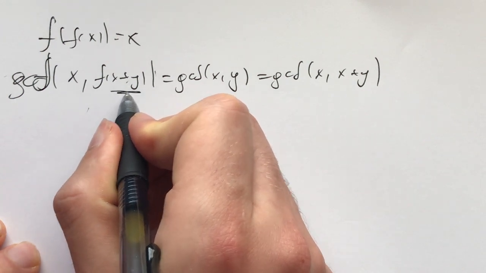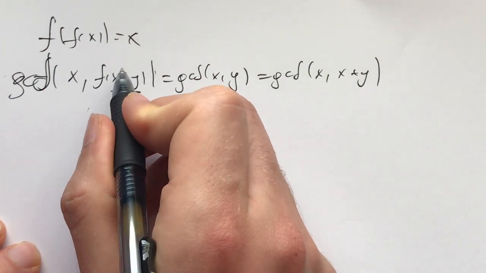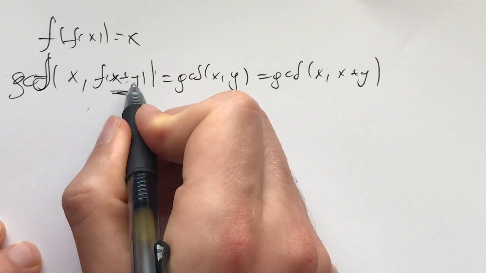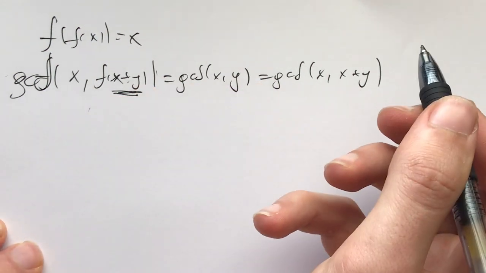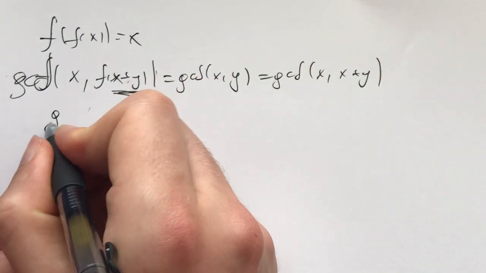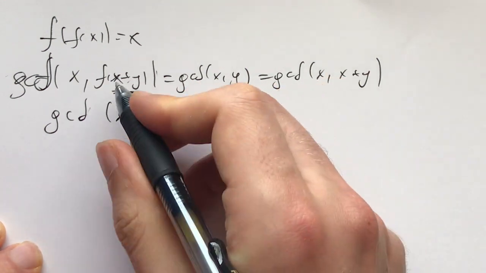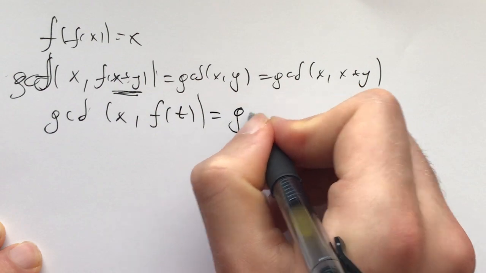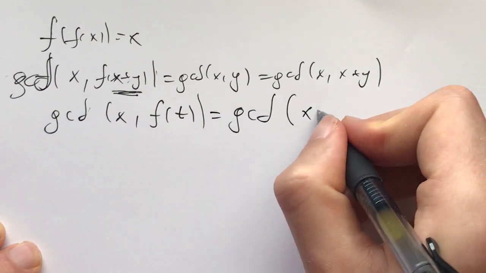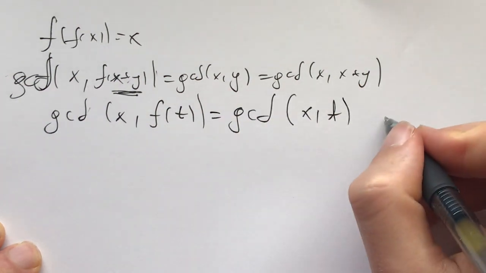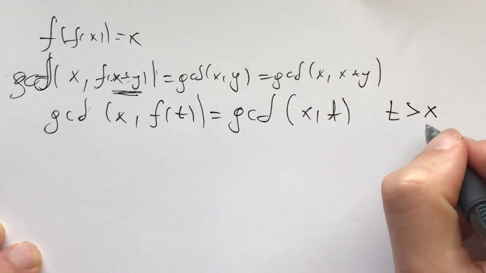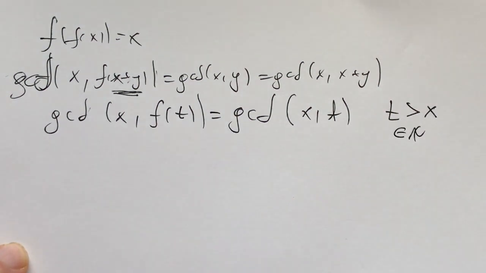The only things we'll be able to put in here now is any number which is greater than x. That's what the function is right now. So we can just rewrite it as the GCD of x and f of t is x plus y, equaling the GCD of x and t, where t is greater than x and both are positive integers.